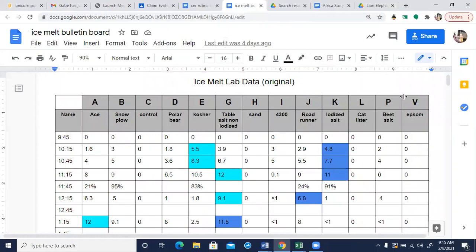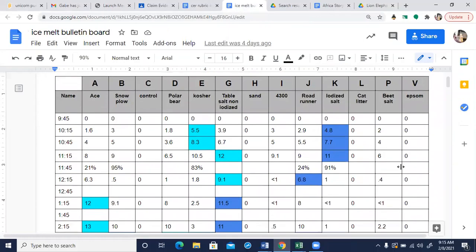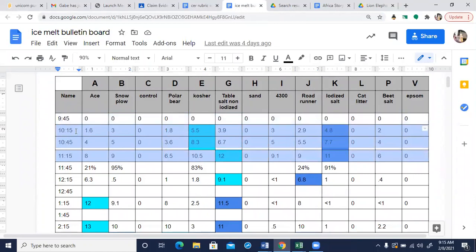Okay, so let's just look at 11:15. So that would be within an hour. So which one of those would you say was the best? Top three. Out of the top three, we'd want probably highest and fastest, kosher.